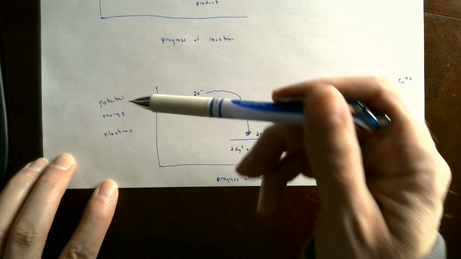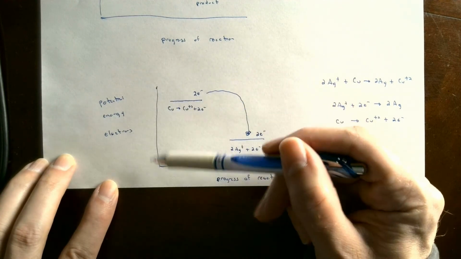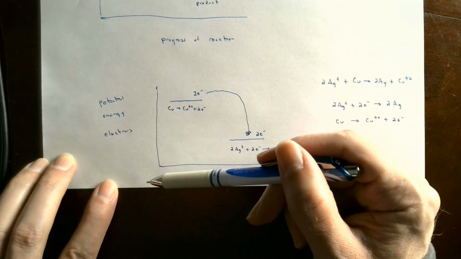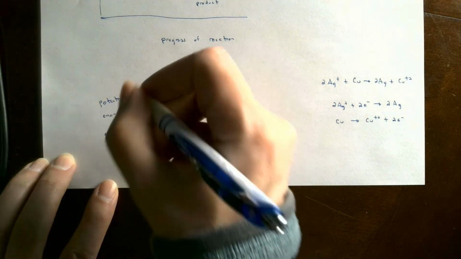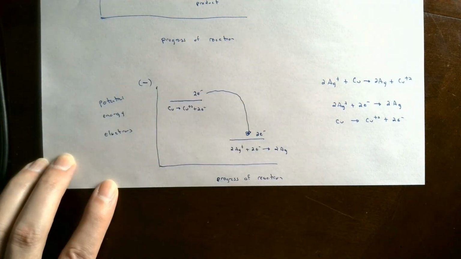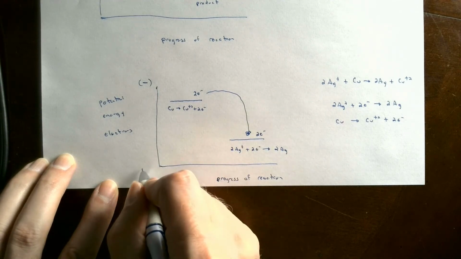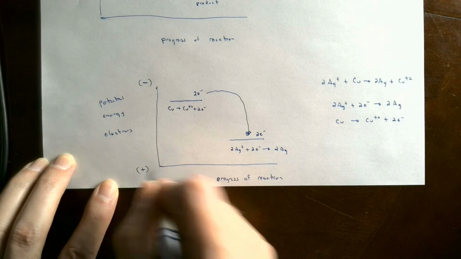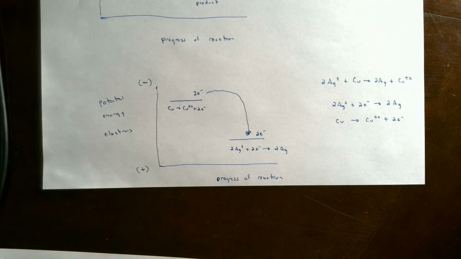Normally we'd think of positive at the top and negative at the bottom. But in reality, the way that this system has been developed or devised, negative potential energies are higher energies. Positive potential energies are lower energies.